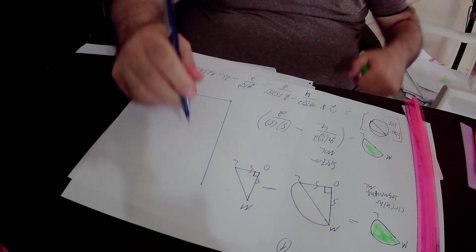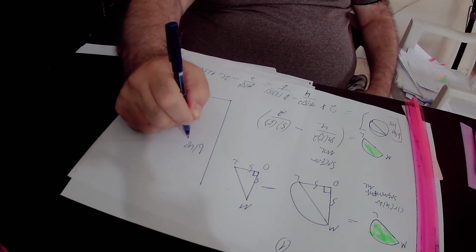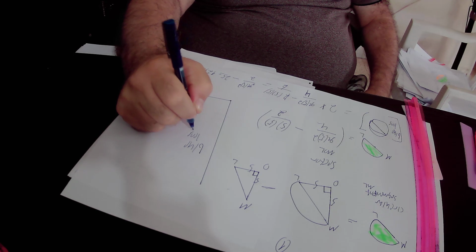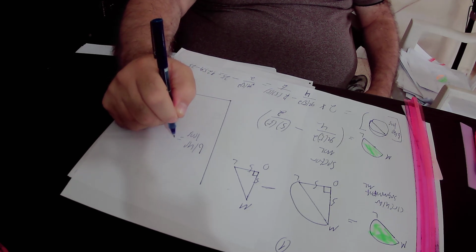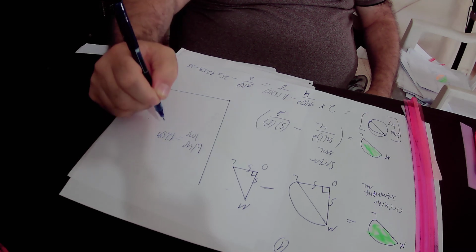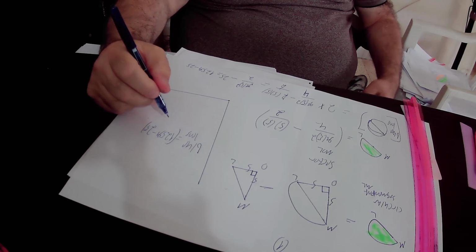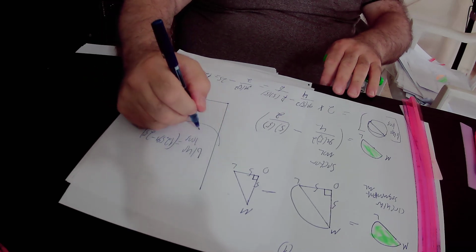So we found that the area of the blue lens equals 12.5 pi minus 25 square units. Okay.